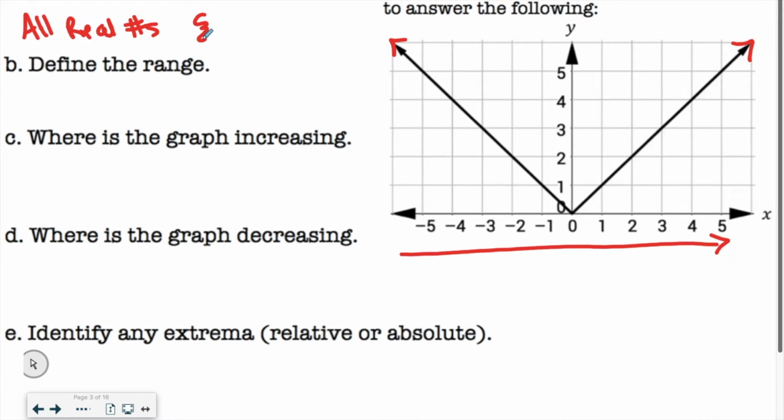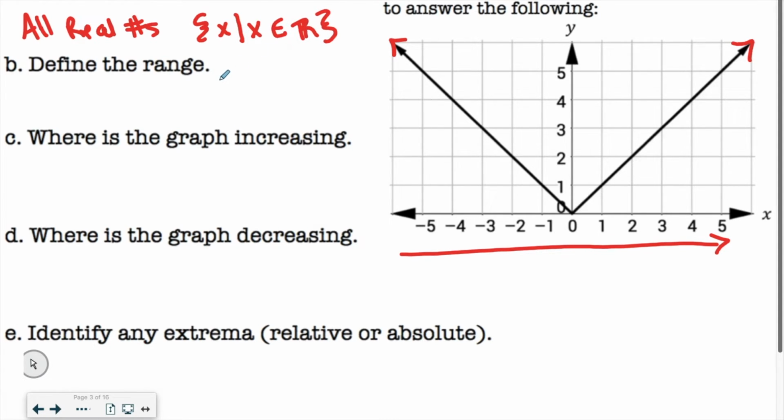Then it's going to be x such that, x is an element of, which is this little rounded e, all real numbers. And you write that with 2 lines and then an R over the top. And then you put the other side of the brace. So x such that x is an element of all real numbers.